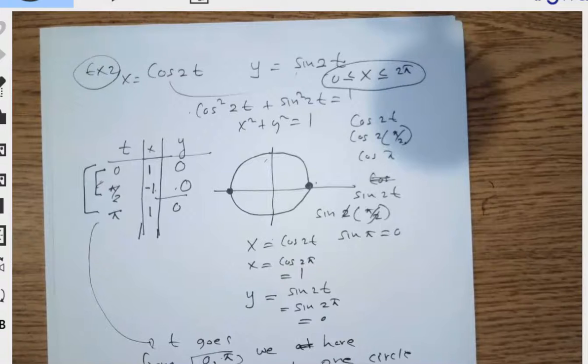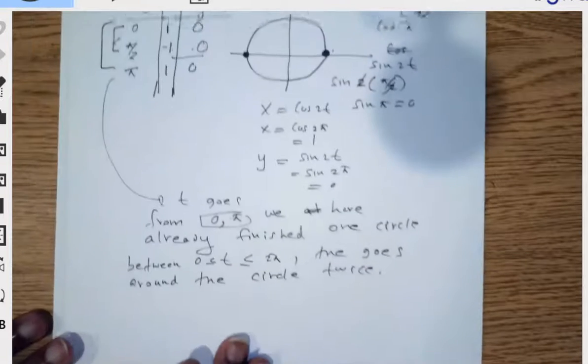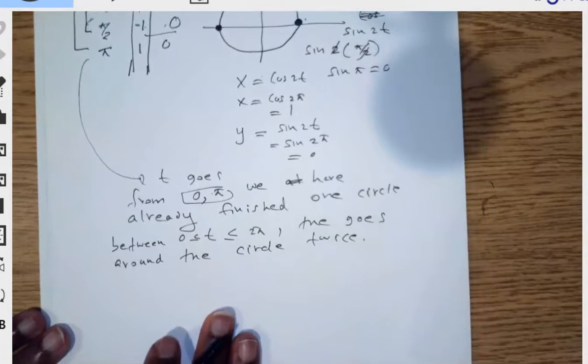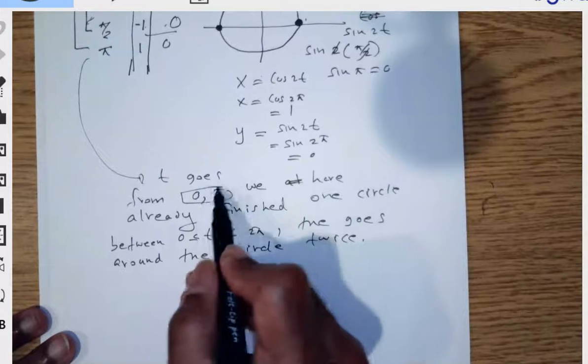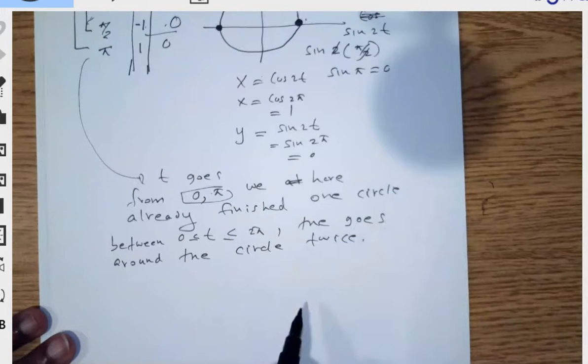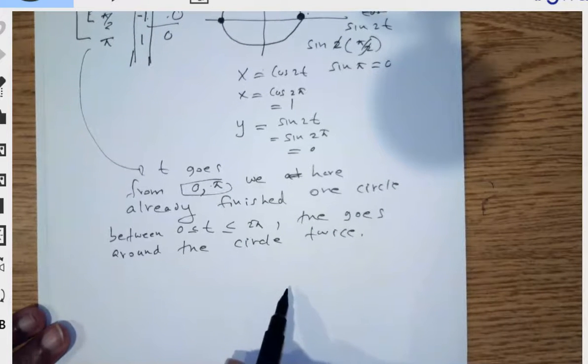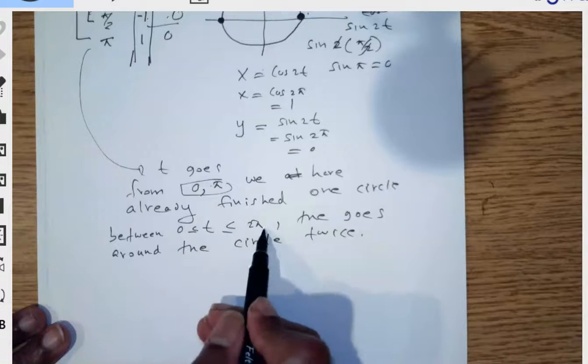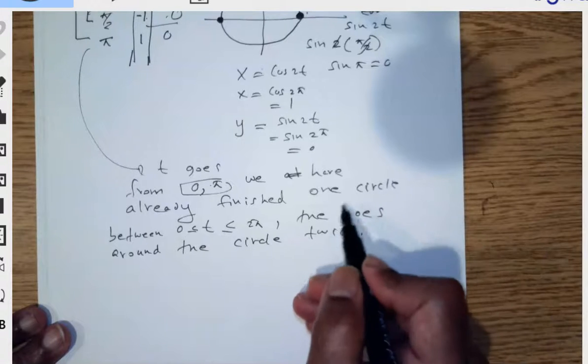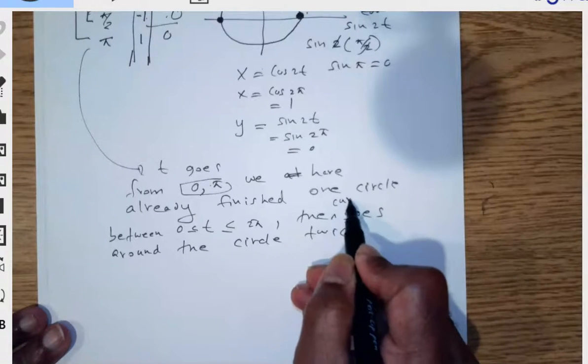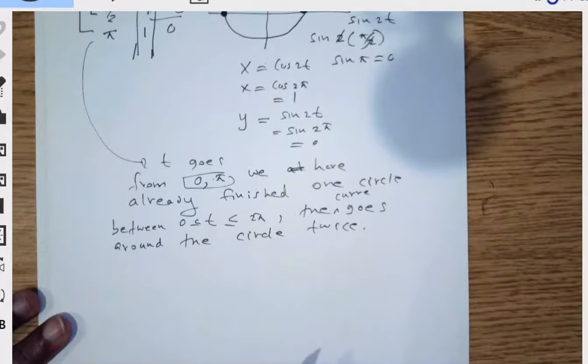That actually tells you one of the reasons for parametric representation, right? Once again, if you go from t from 0 to pi, we go around one circle, but if you take from 0 to 2 pi, the curve goes around the circle twice.